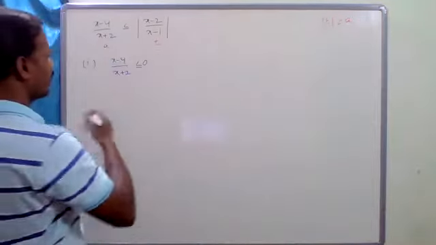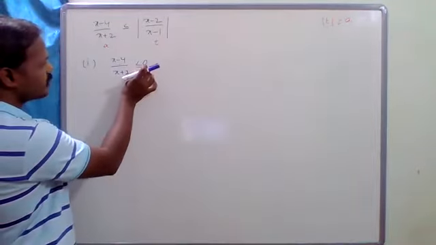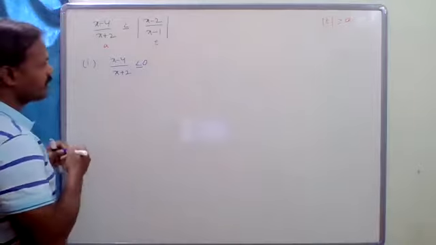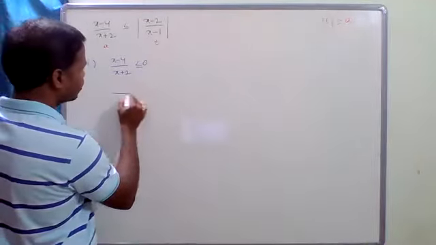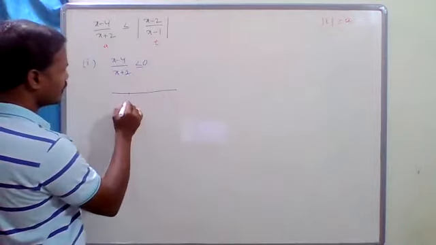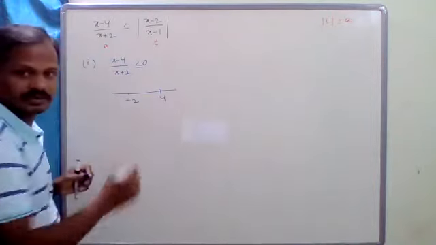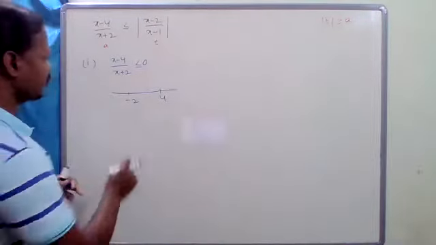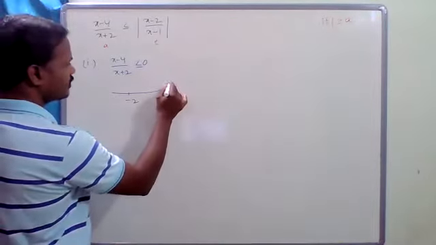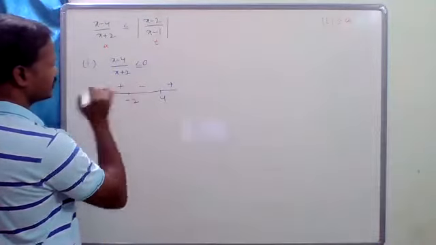Now (x minus 4) by (x plus 2) less than or equal to 0. What are the values of x? Take the number line. The roots are minus 2 and 4, and the signs are plus, minus, plus.